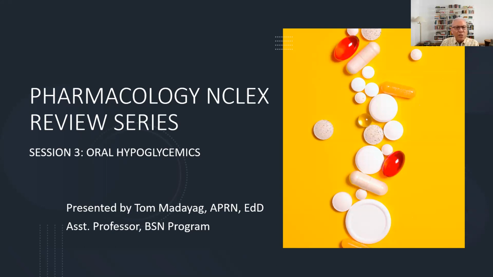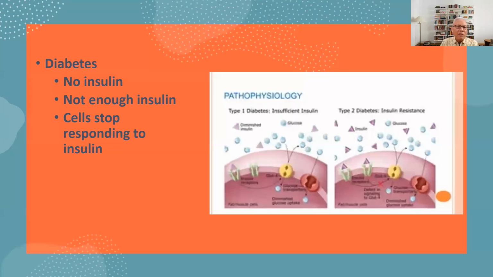So let's begin our discussion with the pathophysiology or an overview of diabetes. When we talk about diabetes, what is it? Well, it actually is a group of metabolic diseases, and these usually are characterized by hyperglycemia.